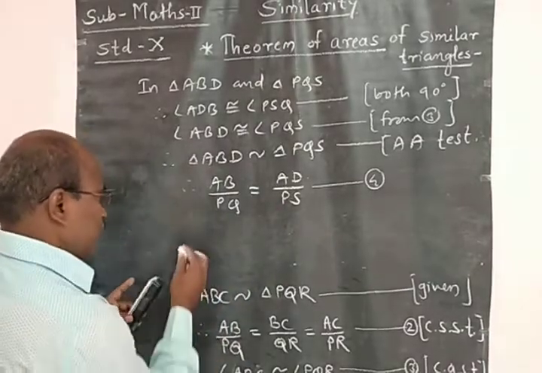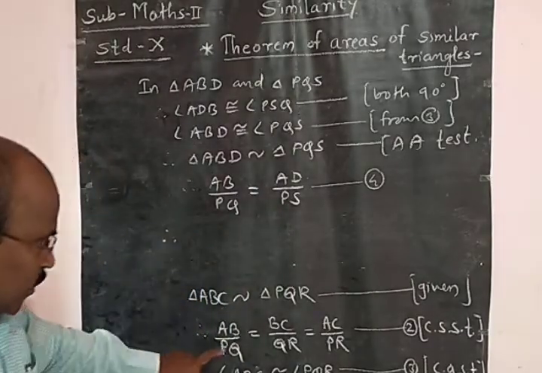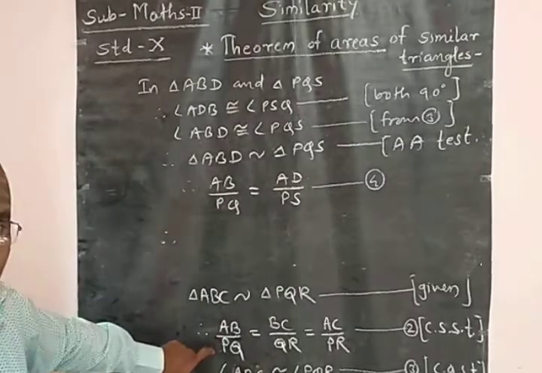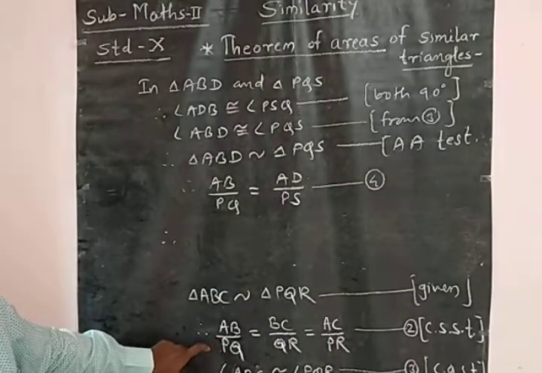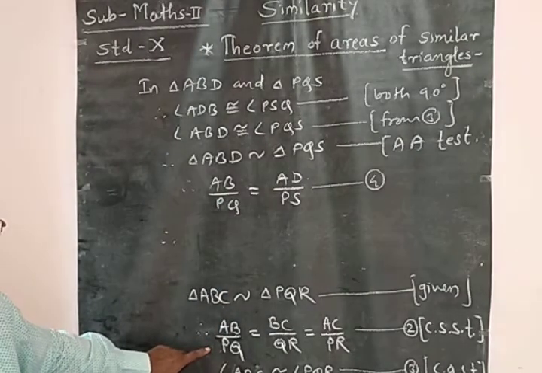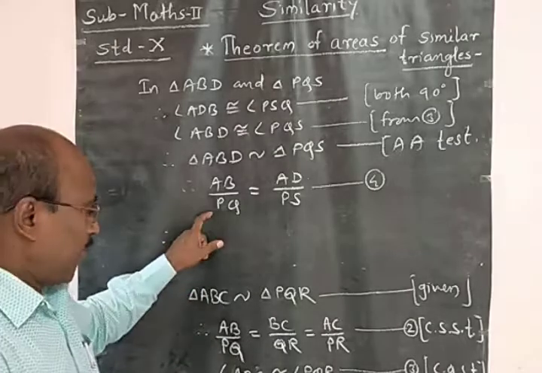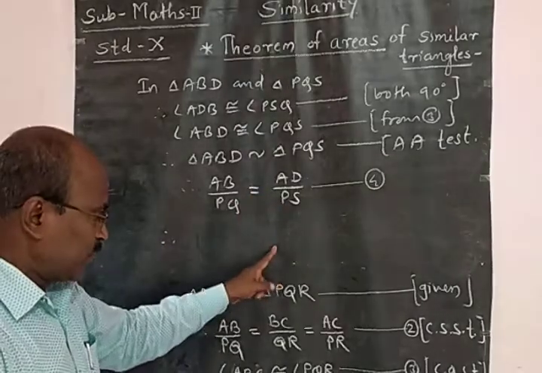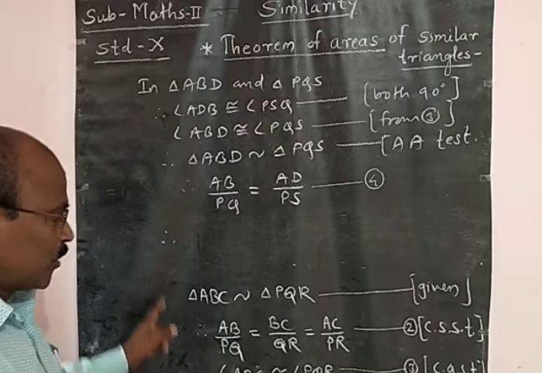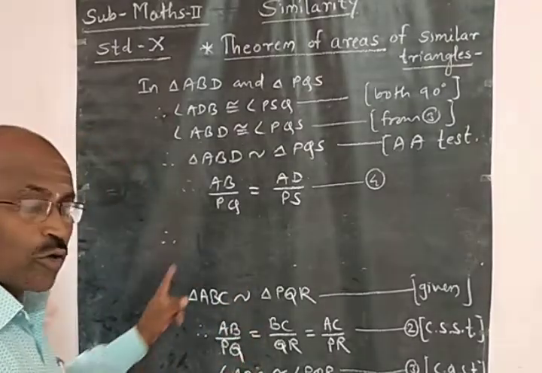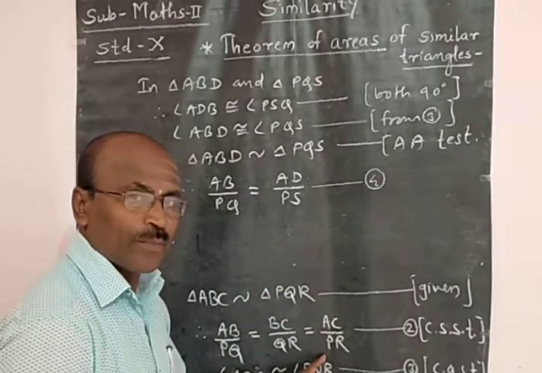Now here, by using 2 and 4, what can we write here? We can write AD upon PS is equal to AB upon PQ is equal to BC upon QR is equal to AC upon PR.